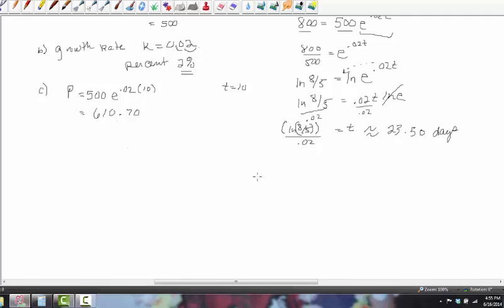So again, our original model here is P of t is equal to P sub 0 times e to the 0.02t. So if I want to know how long, again, I'm looking for a value for t, and I want to know how long it will take for the population to double. There's a million different ways you can actually go through this.